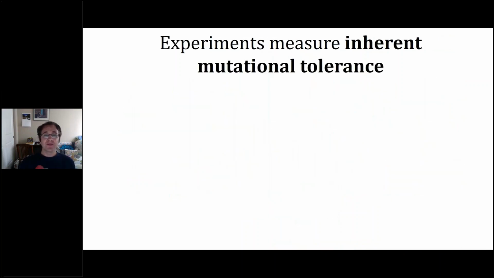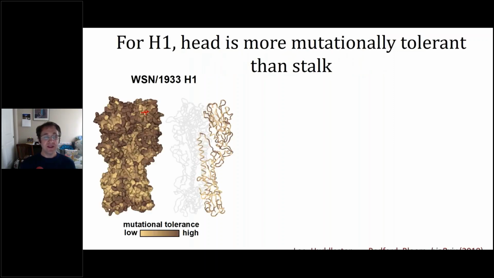That means that our experiments can measure the inherent mutational tolerance of the protein in the absence of any immune selection. So for instance, if we take an H1 hemagglutinin, we can ask, is the head of this hemagglutinin more mutationally tolerant than the stalk? You might expect that the head, or the top of the molecule, would be more mutationally tolerant because it changes faster during natural evolution.